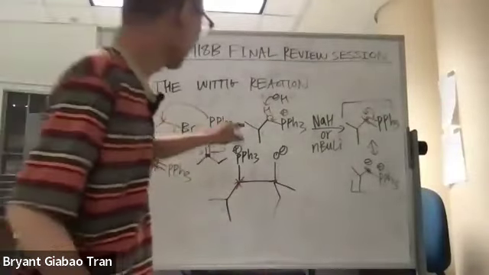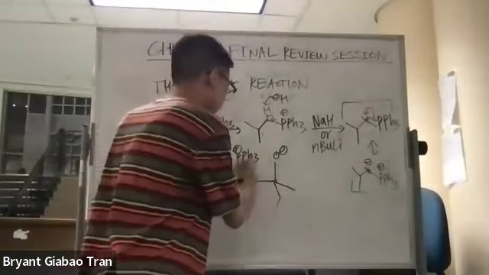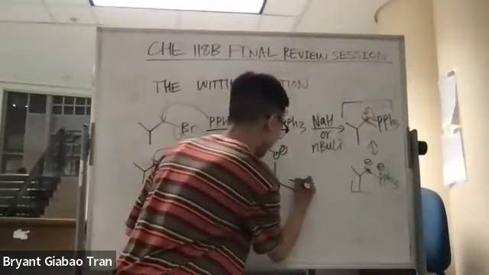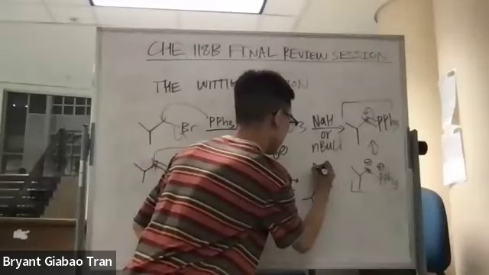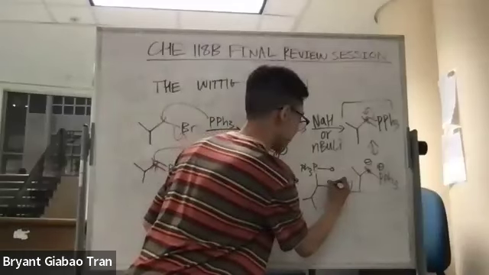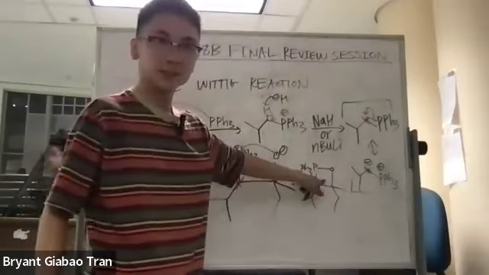Like they're very attracted to each other. The O minus is going to attack the phosphorus plus to create this box in the mechanism. New bond between oxygen and phosphorus. Now that's the box structure right there.